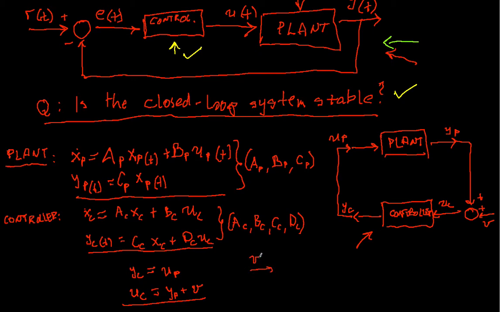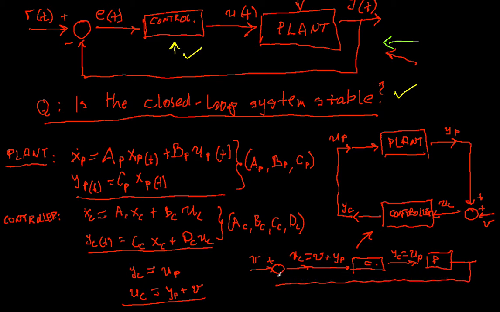Think about that this is V again, plus, here I'm saying that U of C is V plus Y plant, controller, Y of controller is U of plant, we have a plant, and output of the plant is something that is here sent back to the system.